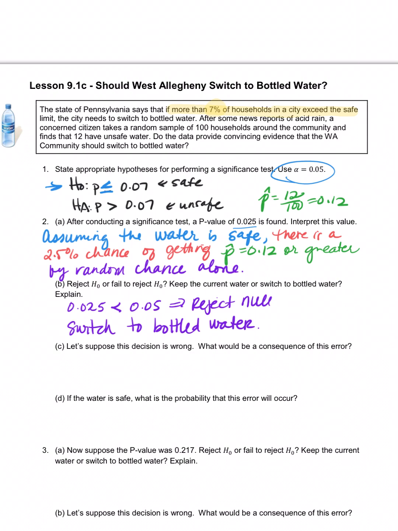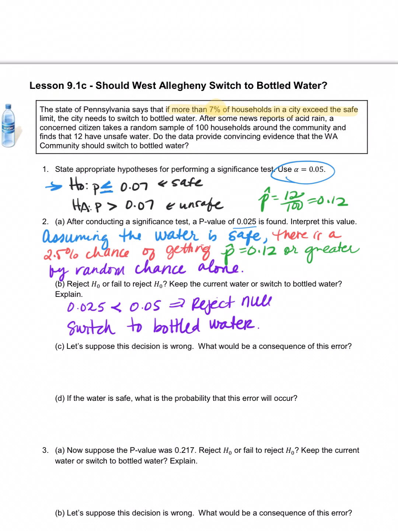You need to go get bottled water, but we're wrong. The water is actually safe. Okay, well, all the money spent to buy the bottled water could have been spent giving them food, and they starved. So we went out and bought bottled water we didn't need. Everybody there? Don't focus on the babies thing. So we all bought bottled water we didn't need to.